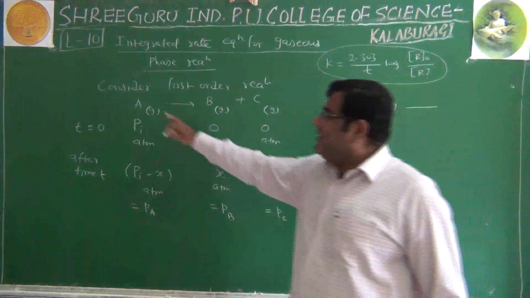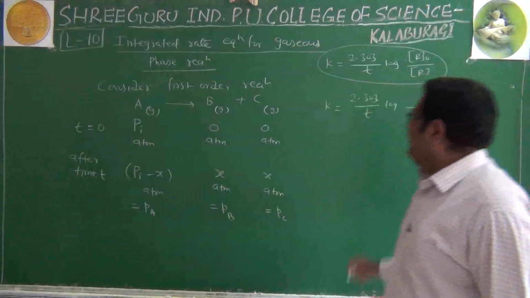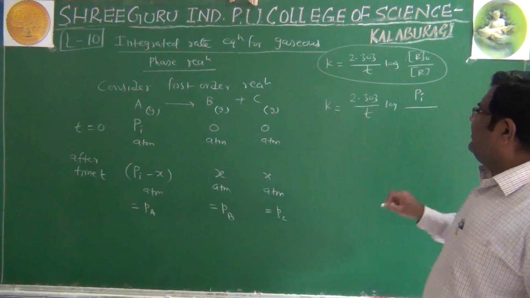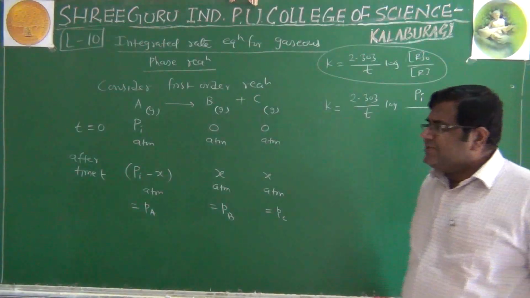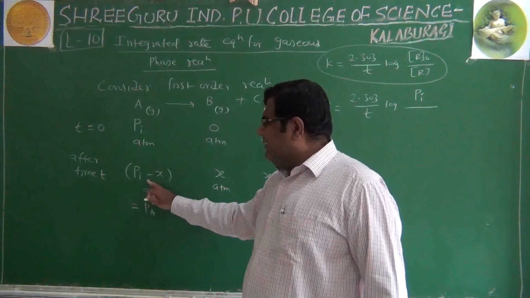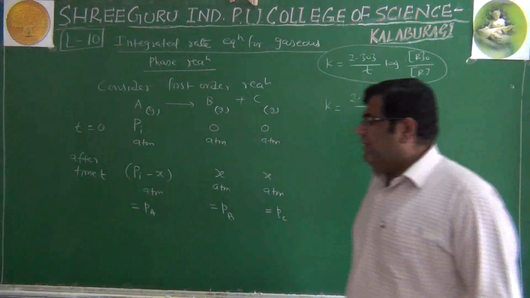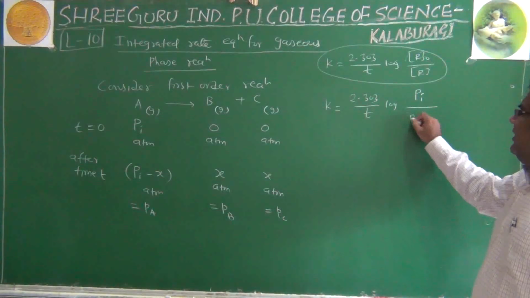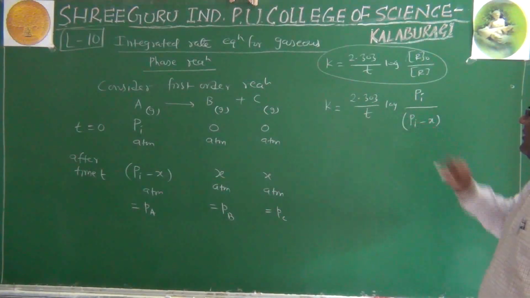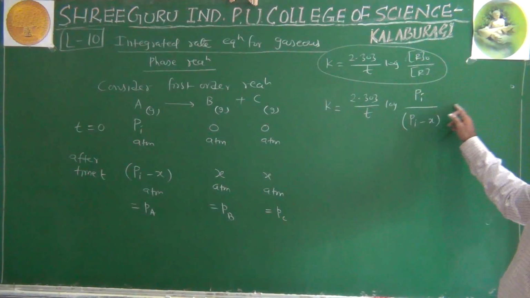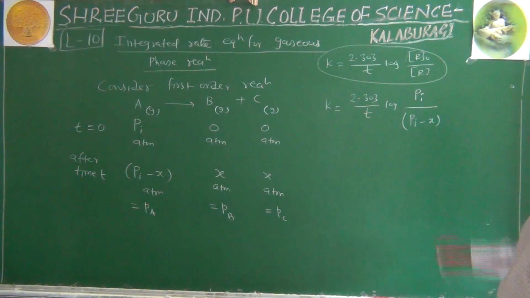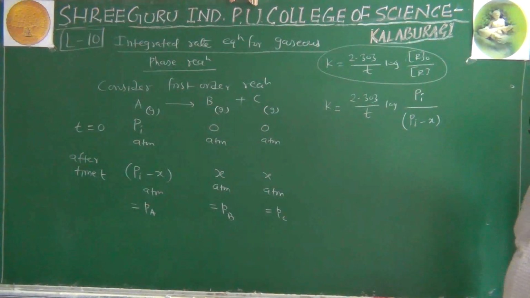Here the initial partial pressure of the reactant is Pi, so I write Pi here. R is the molar concentration of the reactant after time t, and here the partial pressure of A after time t is Pi minus x. So this is the way in which we can rearrange this equation for a gaseous reaction. Now we should know the value of x, then only we can simplify it.